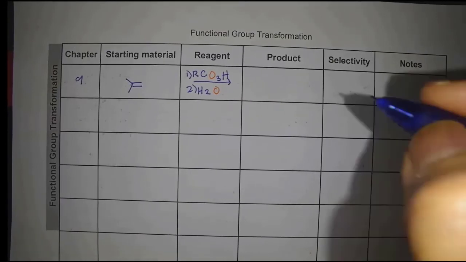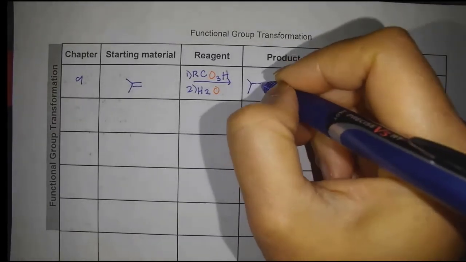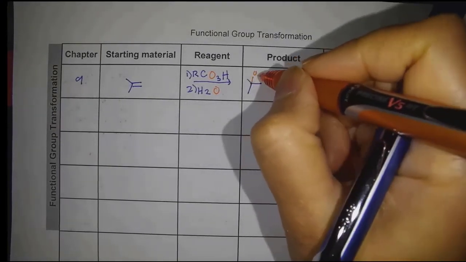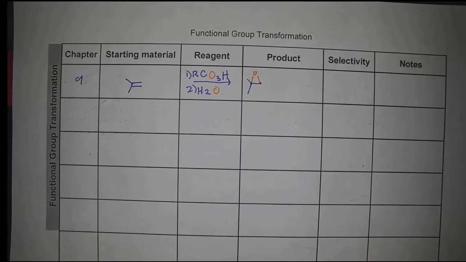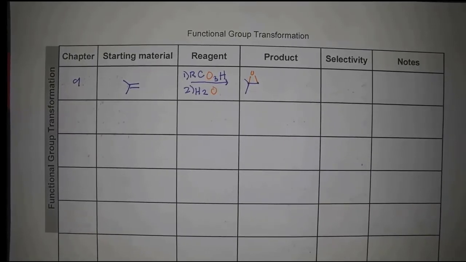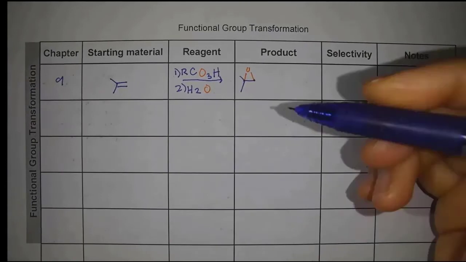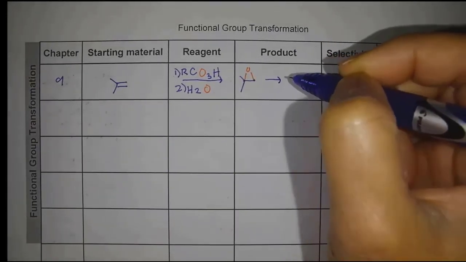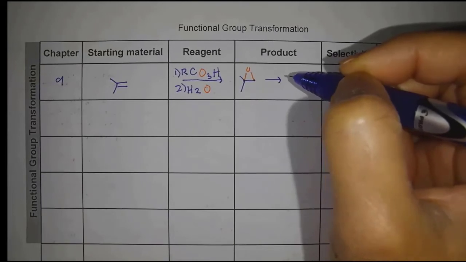And we're first going to form an epoxide, which is a 3-membered ring with an oxygen in it. So if you add the RCO3H only, that will make the epoxide. And then after you follow it up with water, that's going to open up the epoxide to form a diol.